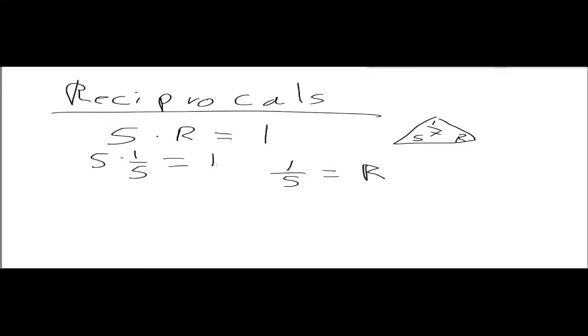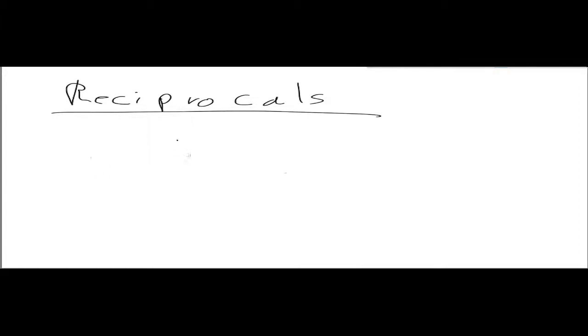Let's try another one. We'll erase this stuff, and we'll put in another value. So let's try a fraction, shall we? And let's look at this one. We'll say 3 divided by 11. What's the reciprocal of this? In other words, what am I asking?